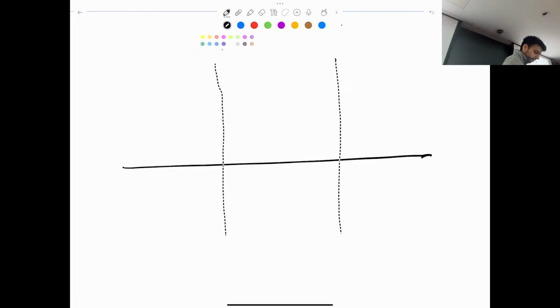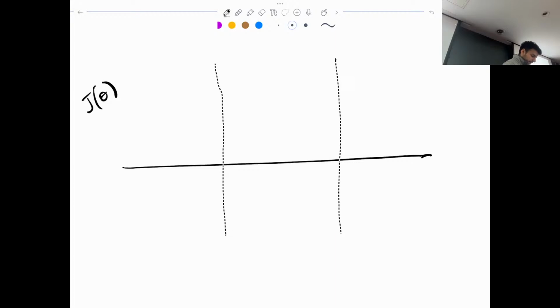So the J will be on the y-axis, and our policy ratio, so this is 1 minus epsilon, 1 plus epsilon. We'll center this at 1, and the x-axis here is our policy ratio.